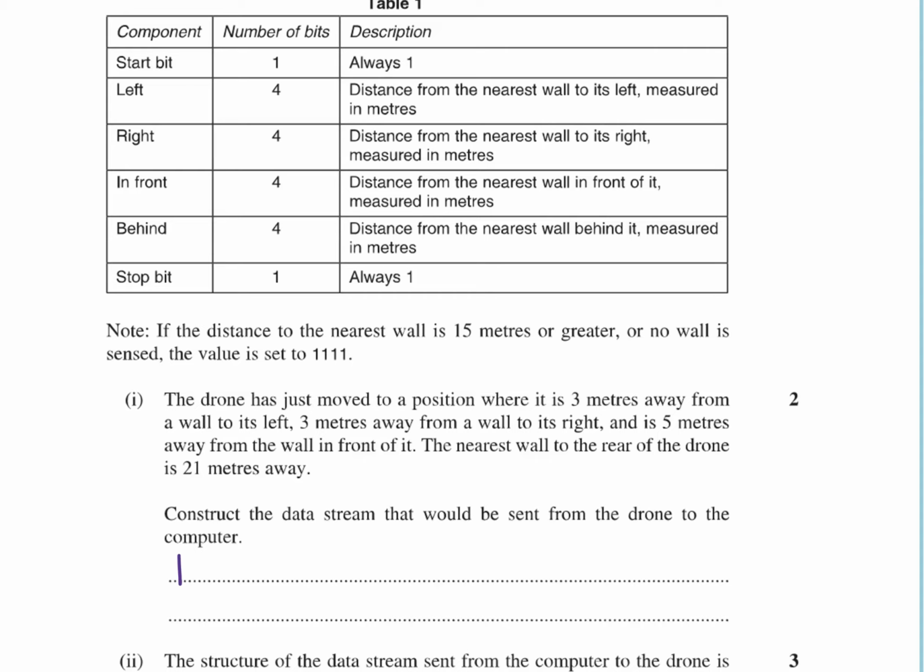Then we have 4 bits, distance to the nearest wall to its left, measured in meters. So the distance to the left is 3 meters away, which is 1, 1, but we must have 4 bits.